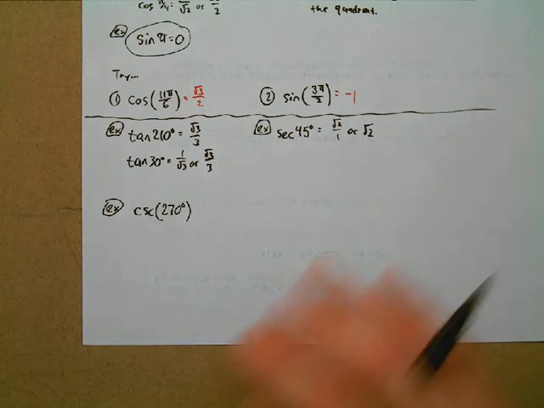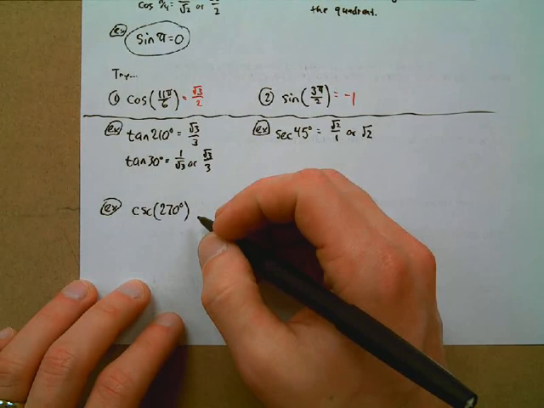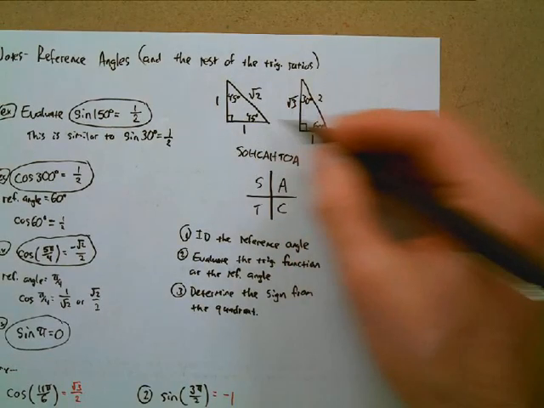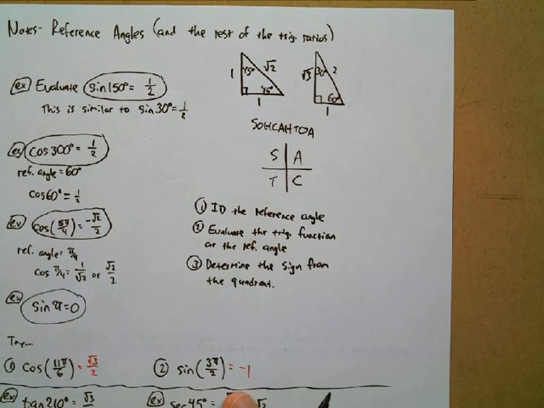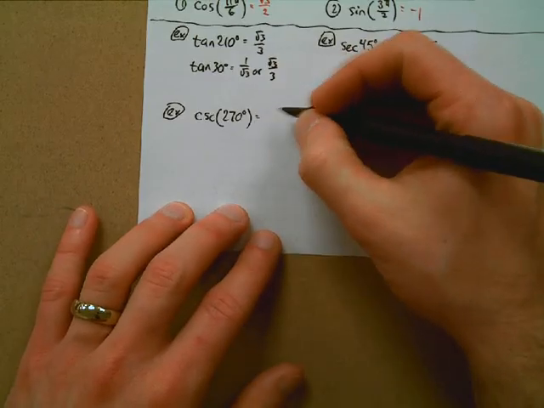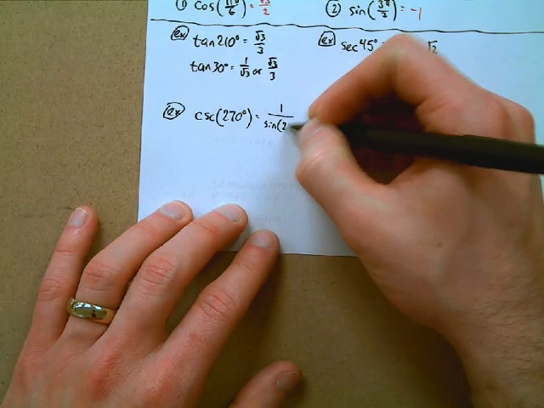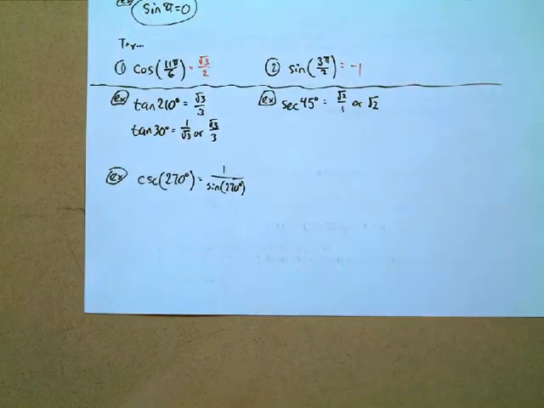But again, we don't really have a reference angle here to use. So instead, let's think about this as 1 over the sine of 270 degrees. You guys said it was a reciprocal of sine, so that's equal to 1 over sine of 270. What is the sine of 270 degrees? -1, and so it's 1 over -1, or just -1.